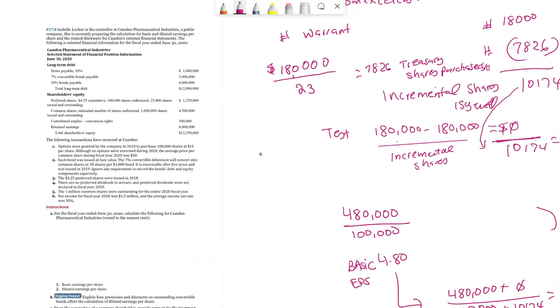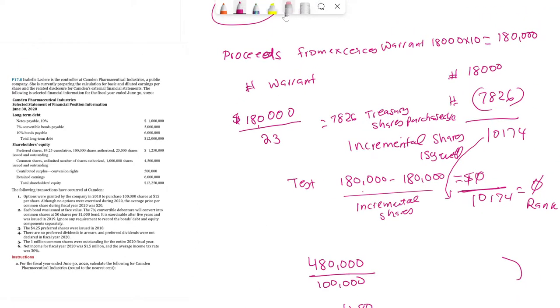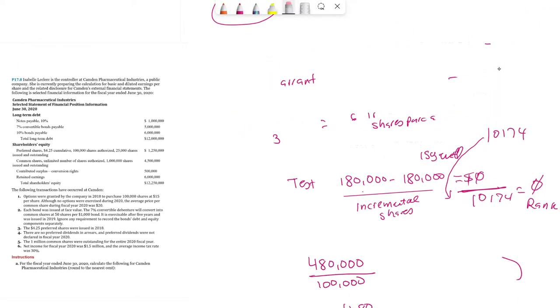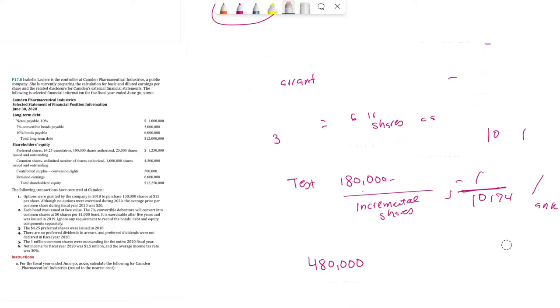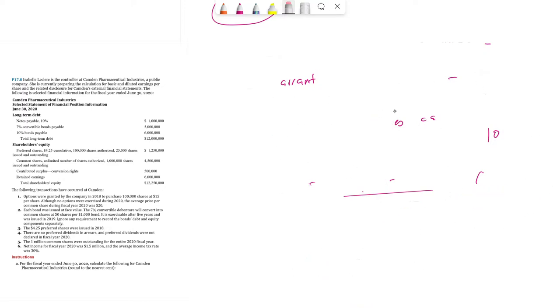I'm only going to do the basic and the diluted. It seems like a big question, but it is not. We're only going to ask you to calculate the basic and the diluted earning per share.